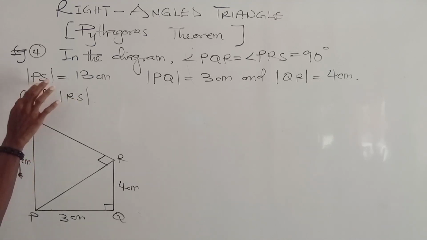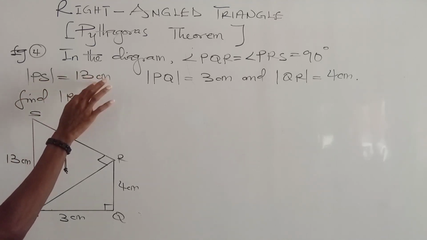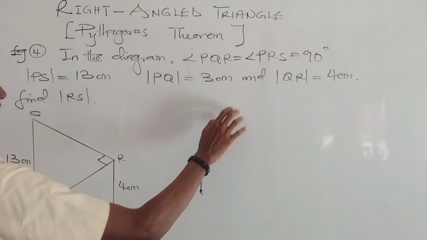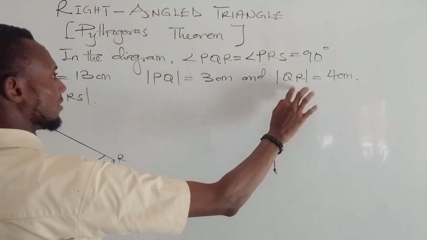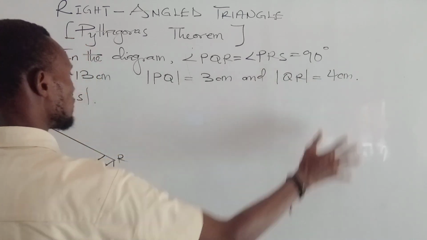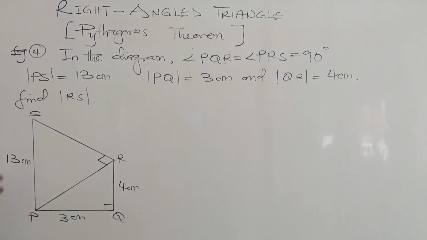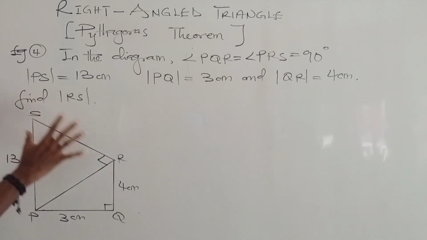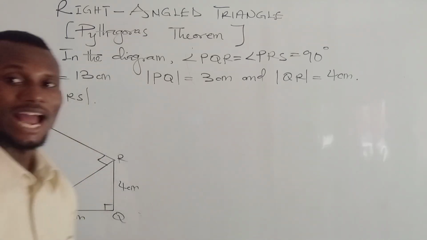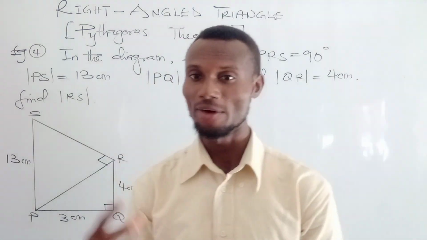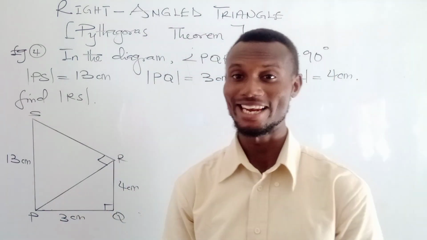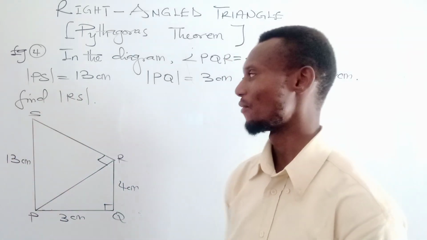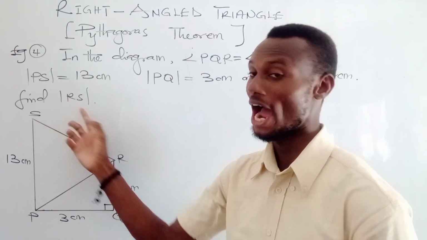Line PS is equal to 13 centimeters and line PQ is equal to 3 centimeters and line QR is also equal to 4 centimeters, and we are being asked to find line RS. So there is a diagram given and we are being asked to find line RS in the diagram, or the length of RS, which is the same thing.